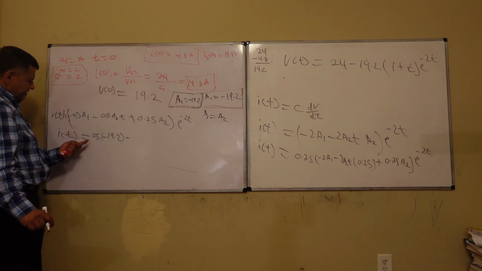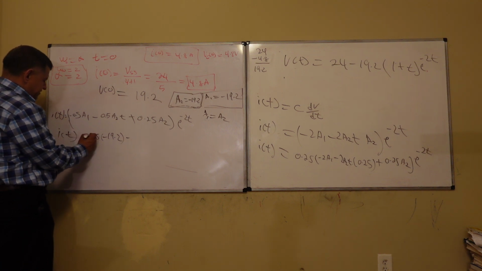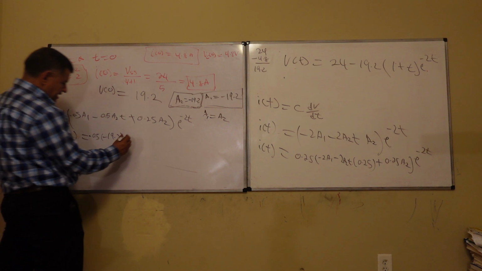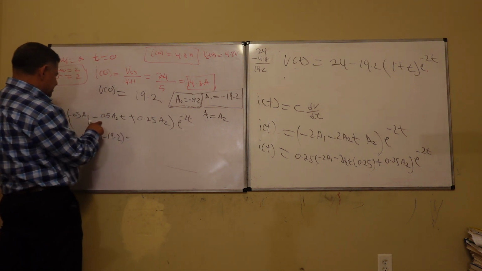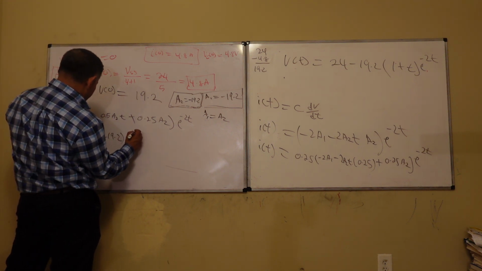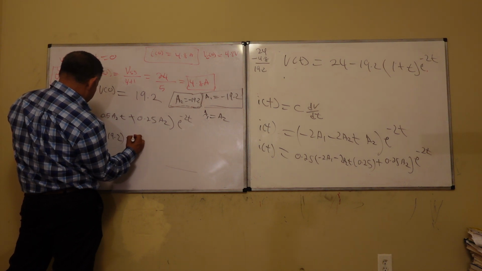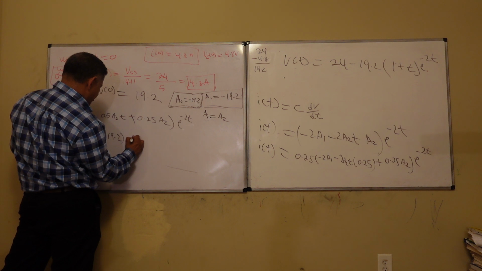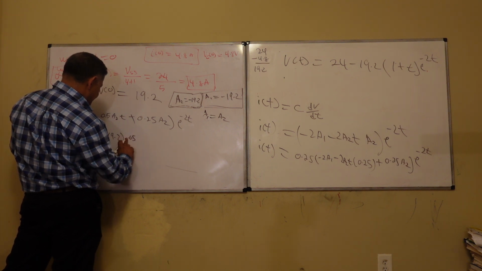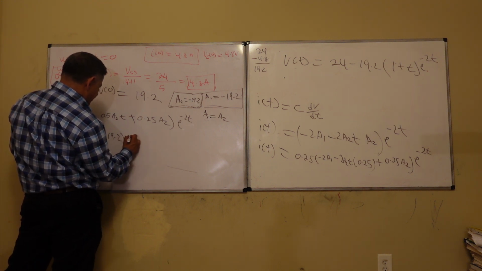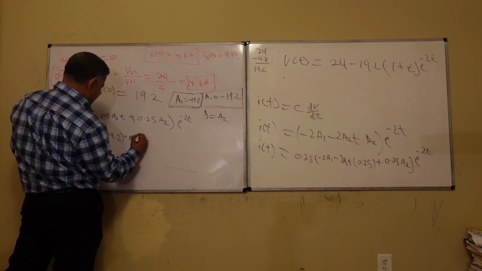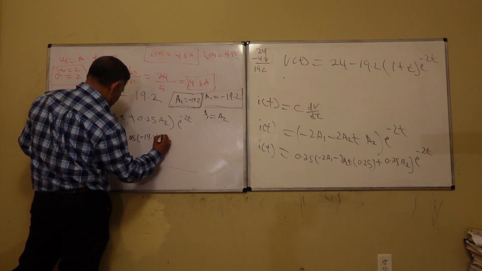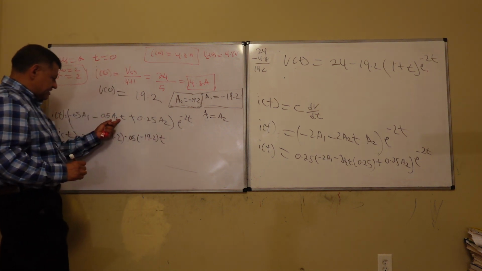So it's negative, so that is a negative, so it's equal to a positive. And this guy right here is also a negative, so it's going to be equal to 0.5 times negative 19.2, and of course you have to put a t in there.